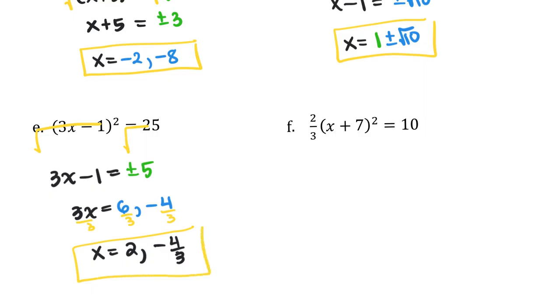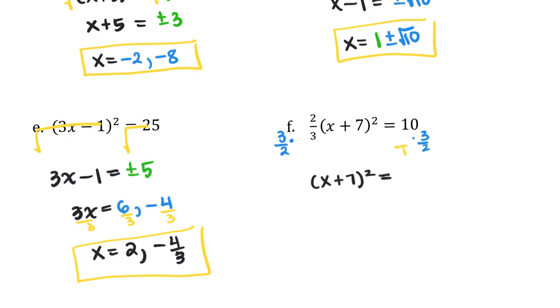Okay, let's look at F. What do we like about F? There it is squared. What do I not want there? I don't want the 2/3 there. Okay, you could do reciprocal, or you could just times by the 3. Let's try reciprocal. Okay, that's going to cancel this and this. So now I have x plus 7 squared equals, okay, now you can do this in your head if you would like.